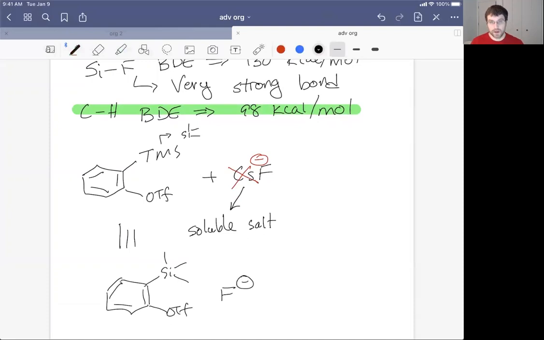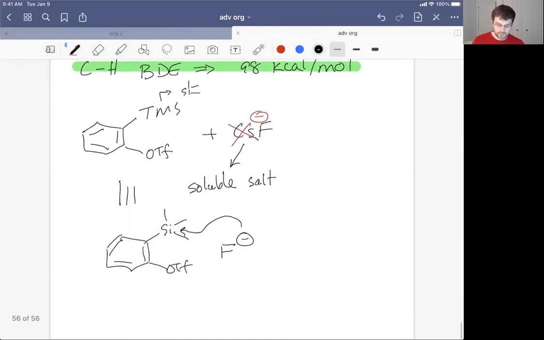Okay, now what happens here is the fluorine engages the silicon and coordinates to the silicon to form a pentacoordinate, that is 5 things attached to the atom center, species that's negatively charged. And it does so because we have this really strong bond.